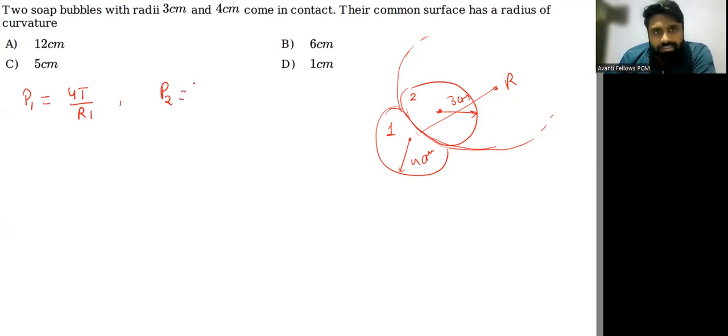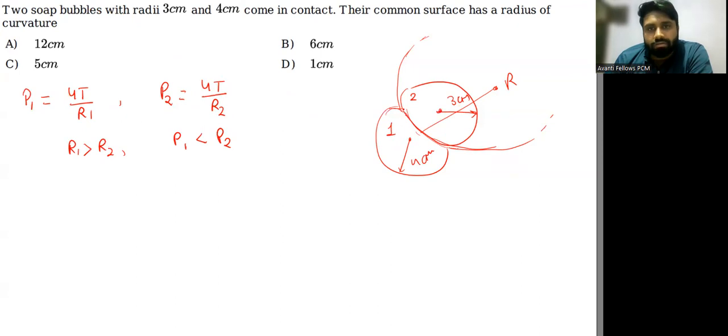P2 is nothing but 4T upon R2, because it is the same soap solution, so we have taken the same tension. Now R1 and R2 are different, and R1 is greater than R2. So if R1 is greater, this value will be lower. So P1 is less than P2, which means the smaller sphere will exert more pressure on the other soap bubble, the one with the higher radius.